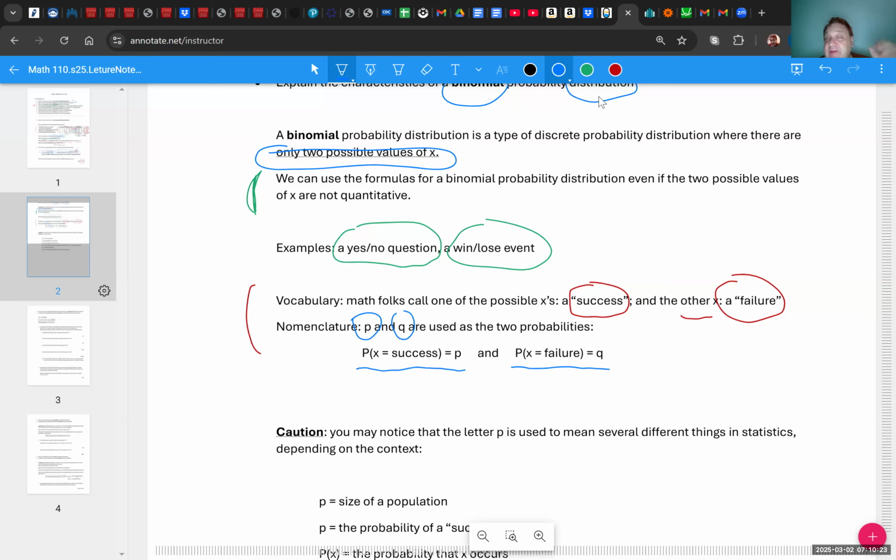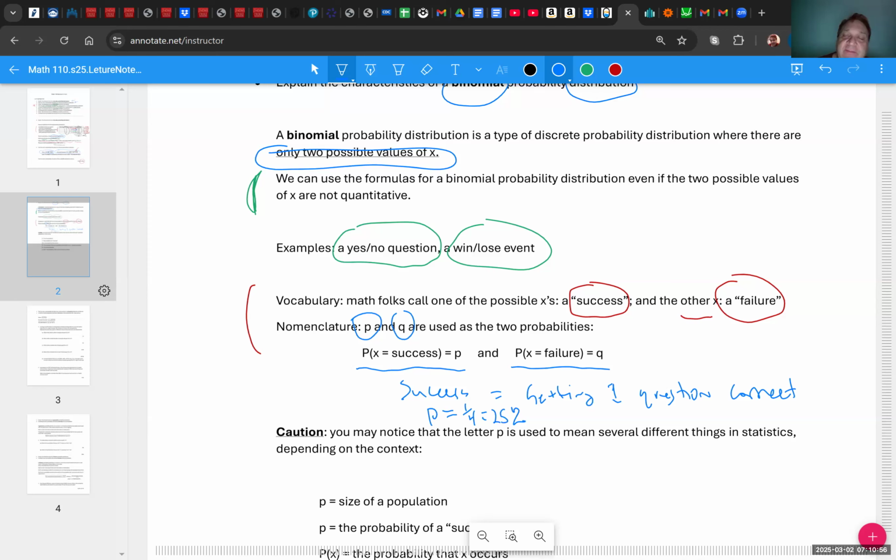So in my example, let's suppose in my one question quiz example, suppose success equals getting the one question correct. In my example, there's four possibilities, then the probability of a success would be 1 out of 4, or 25%.